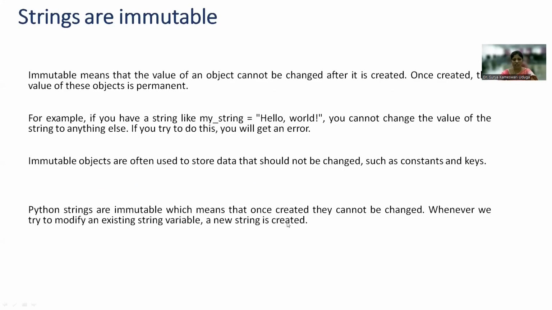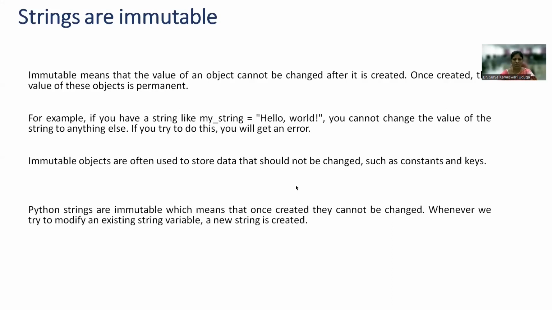So that's why strings are immutable. Whenever we try to modify an existing string variable, a new string is created. If you want to change the entire variable, yes, it can point to another string.